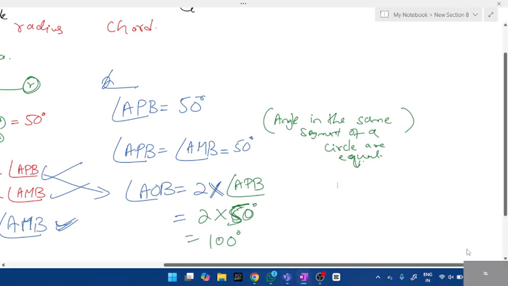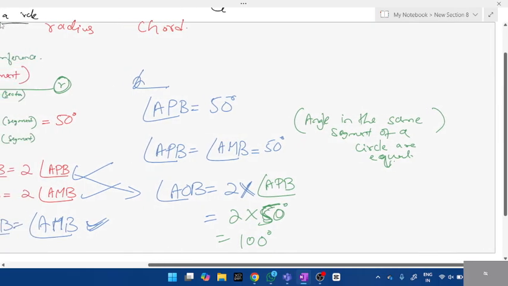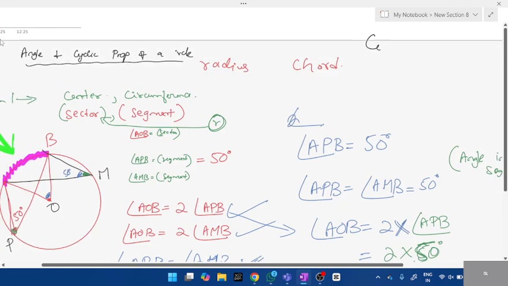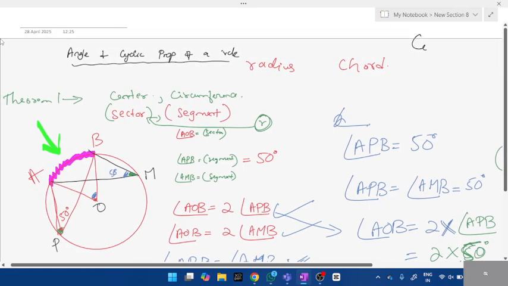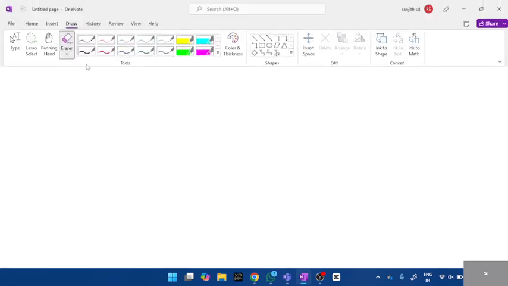Are students done? Did you understand this concept? Any doubts? No. Okay. Now the third property. The third property is semicircle. Angle formed on a semicircle. Okay. Before that, see here.